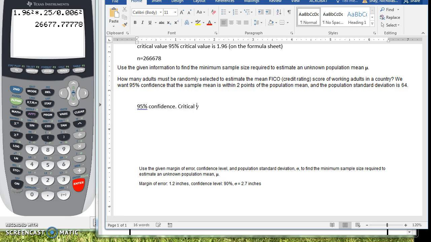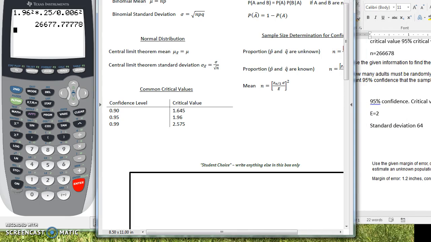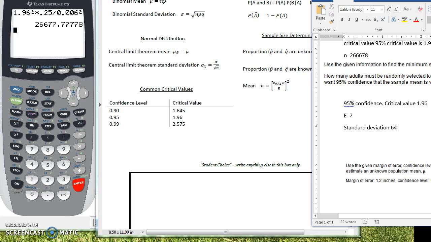Same thing, it's 1.96. That's that z alpha over 2 value. The mean is within 2 points, so we're going to use 2 for our error. And we have a standard deviation of 64. Those are the pieces we need to plug into this formula, so I'm going to keep that off to the side so we can refer to it.